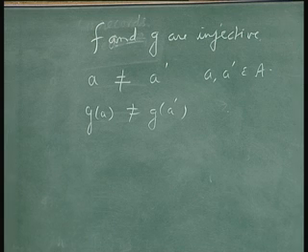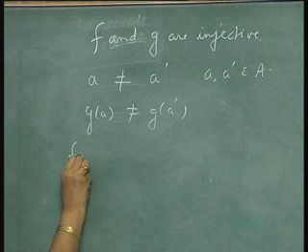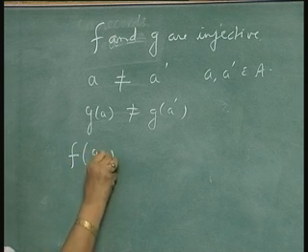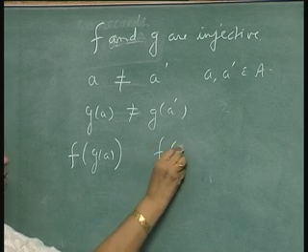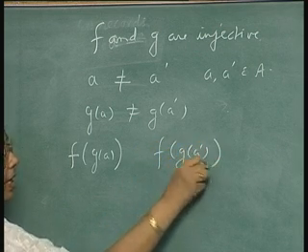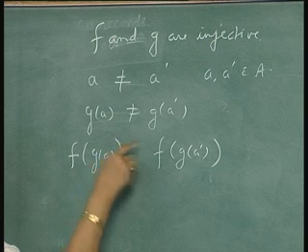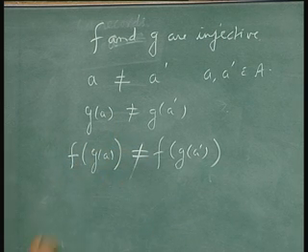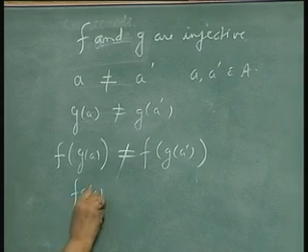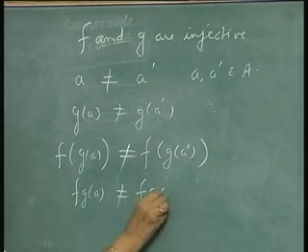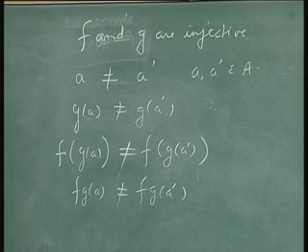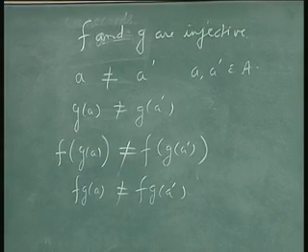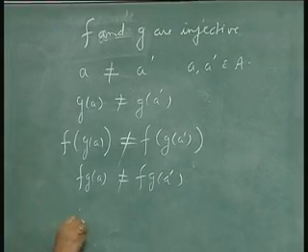Why? Because g is injective, different elements will be mapped onto different elements. So, take f of g of a and f of g of a dash. They are different, because f is injective, these cannot be equal, that is, fg of a is not equal to fg of a dash, that is, fg maps different elements into different elements. So, fg is injective.